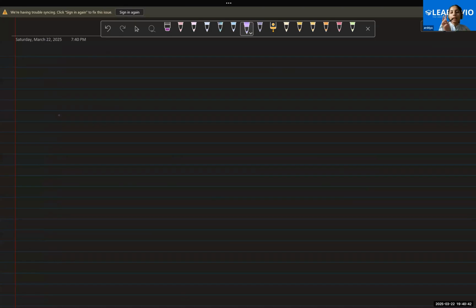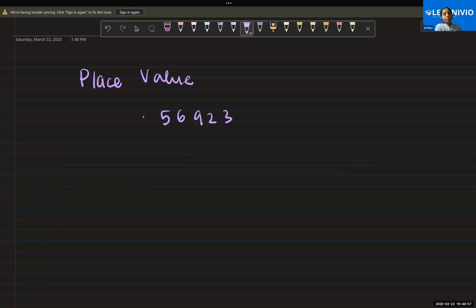So let's take it step by step. I'll start with place value. I have got this number, 56923. First of all, I need to know the place values because this is a big number, right?